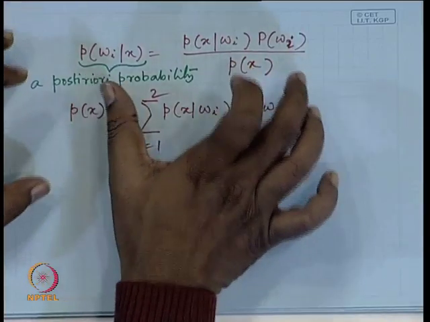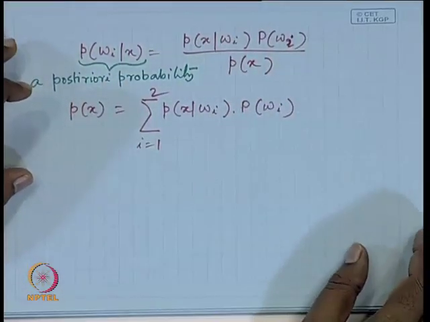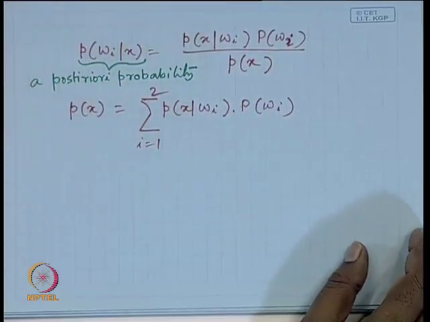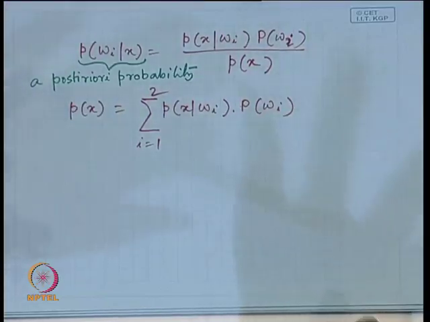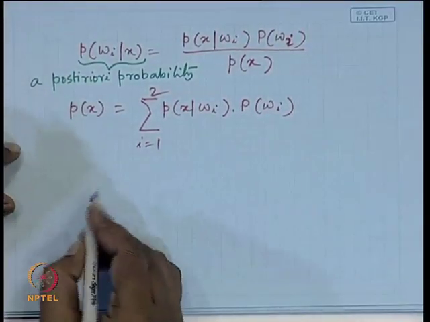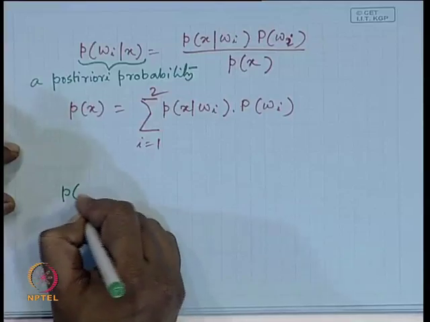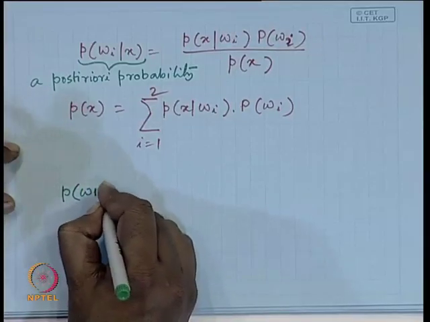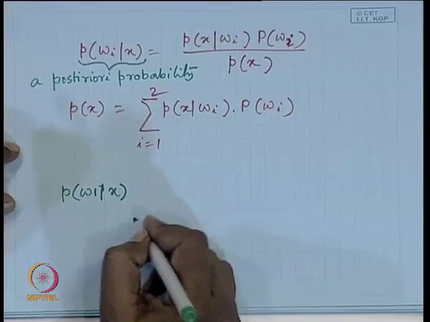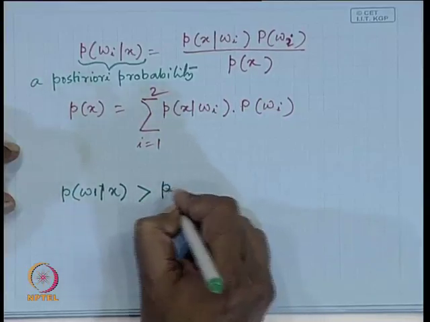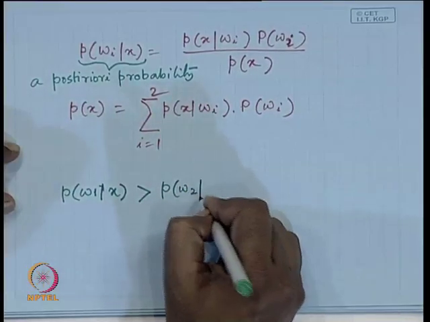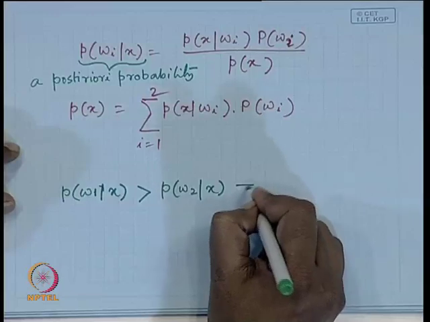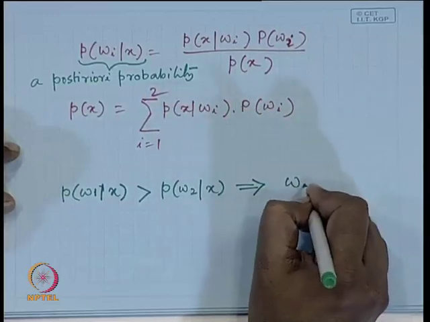Now, over here my simple decision rule. This is what Bayes theory actually is, and from this Bayes theory I can have a simple Bayes decision rule, which will be that if P of omega 1 given x is greater than P of omega 2 given x, then you decide in favor of class omega 1.